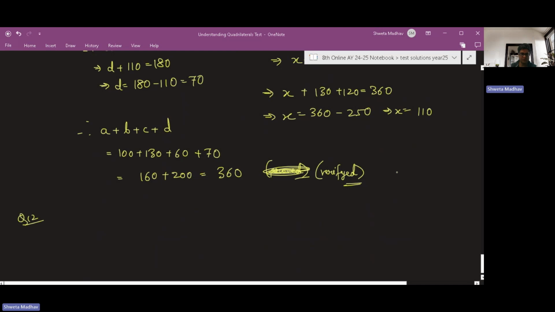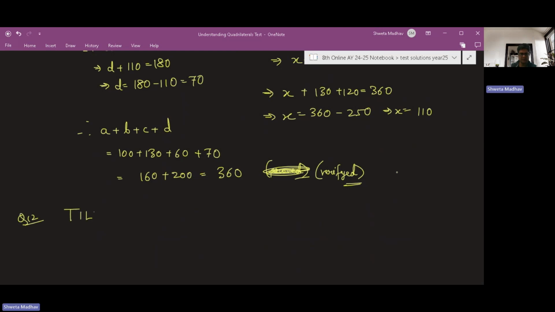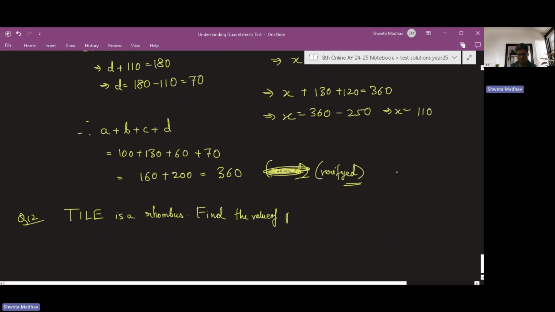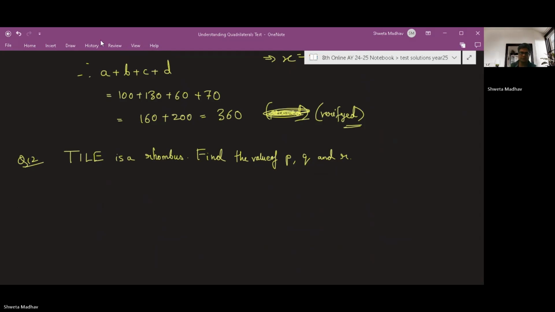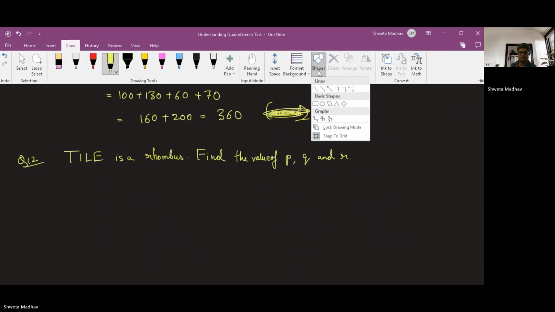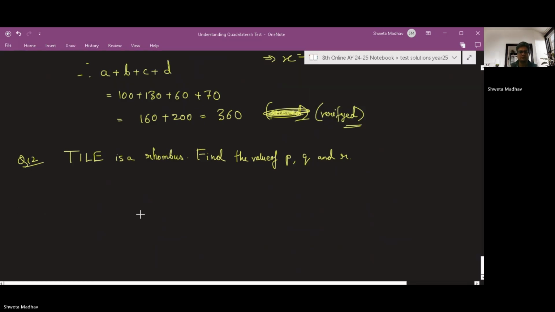Then in question number 12, it has been told that TILE is a rhombus. Find the values of P, Q, and R. So it is a rhombus TILE.